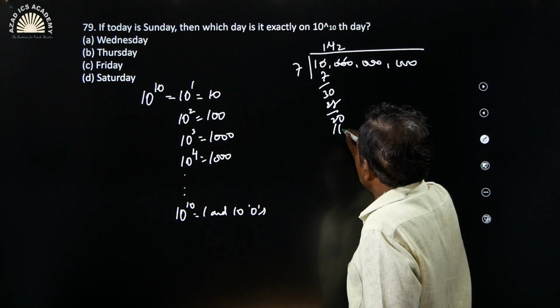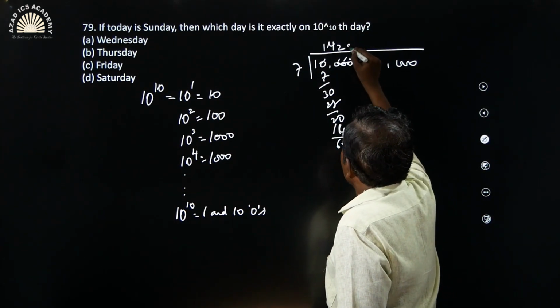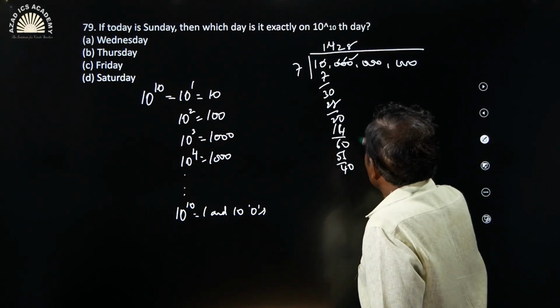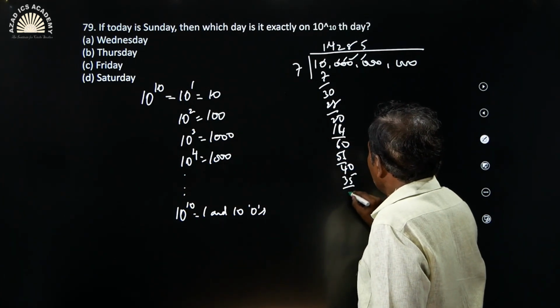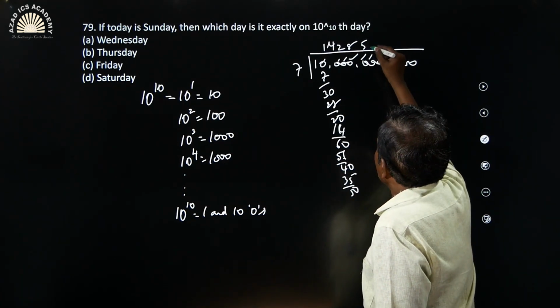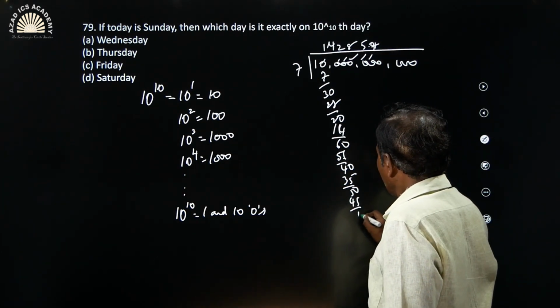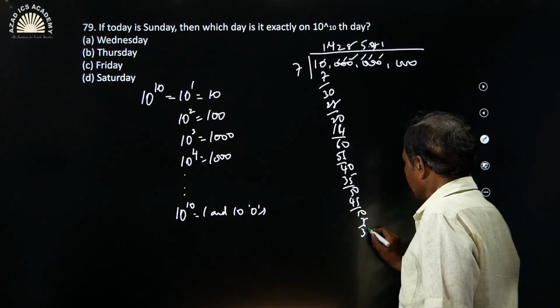2, 14, 6. 4 and 4 0. 7 5s are 35, 5. 7 7s are 49, 1 0, and 7 1s are 7, 3.